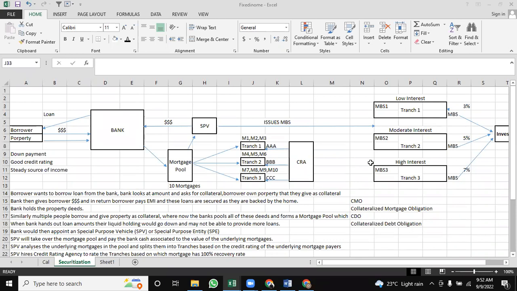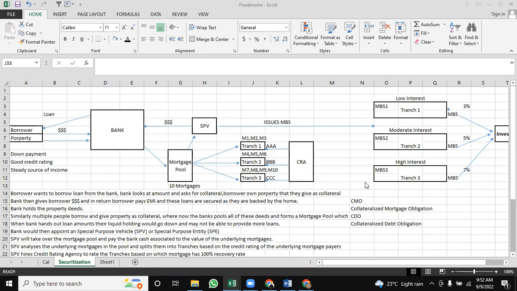Then they either sell them off to an SPV or SPE, or the banks might decide to securitize them and form them into mortgage-backed securities. It's a type of secured bond, because it's backed by the mortgage, which has the house as the underlier. Is this clear? Do you want me to explain further, or is this sufficient for you?